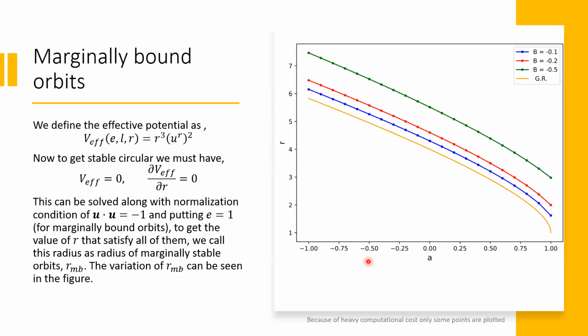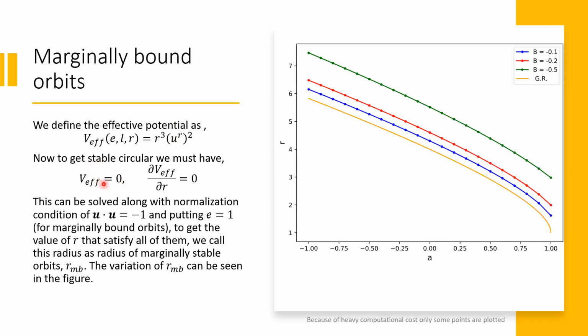Now we move on to marginally bound orbits. Marginally bound orbits are basically the orbits which are just bound, and any perturbation will lead the particle to go to infinity. So here we define an effective potential of this form, r cube u r square. Now for circular orbits to form, the radial velocity must be equal to 0.